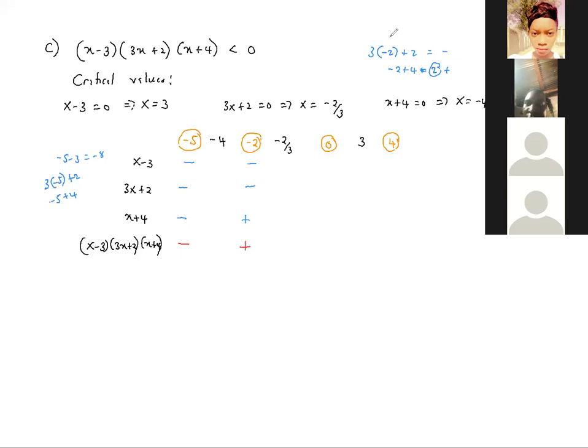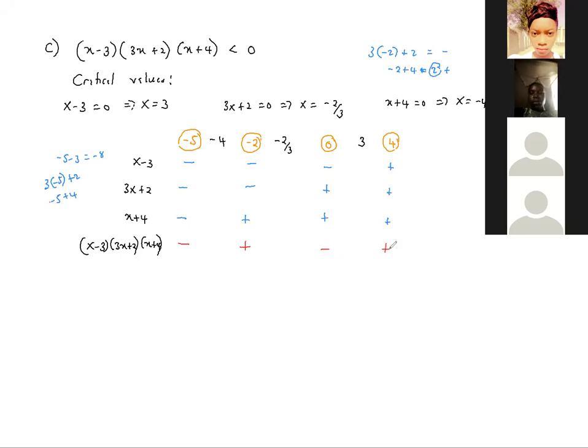You go to 0, it will give you a negative number there, a positive here, a positive here, and the product will be negative. You take 4, you have positive here, positive here, positive there, and the product is positive.